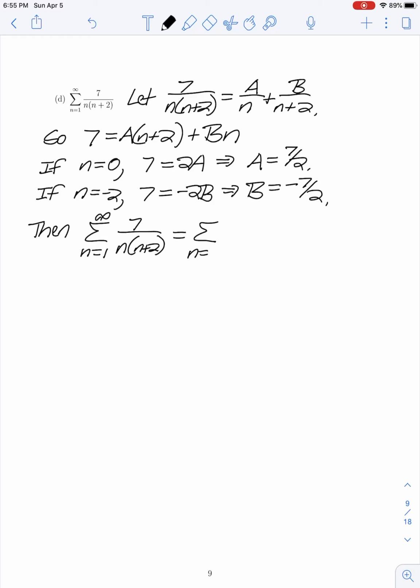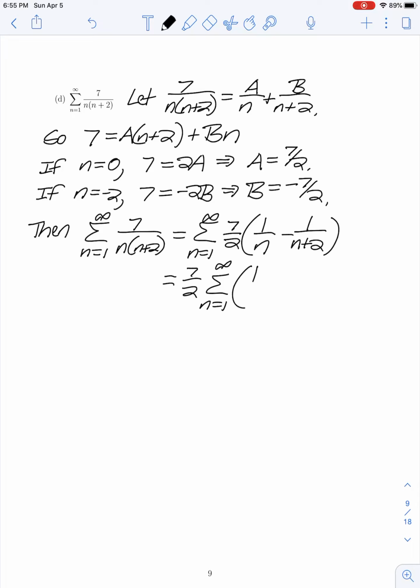This is the same as the sum from 1 to infinity of 7/2 with a positive 1 over n, and then minus 7/2, so I could factor out the 7/2, 1 over n plus 2. Or if I want to pull the 7/2 out in front of my summation, I'm left with 1 over n minus 1 over n plus 2.